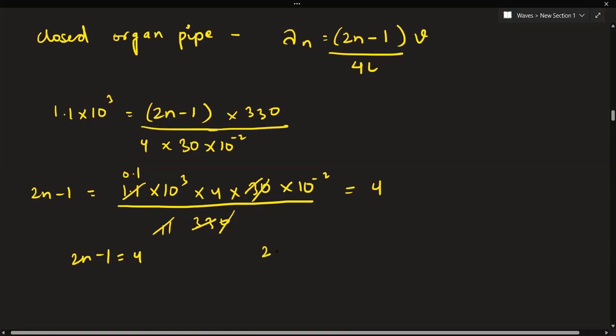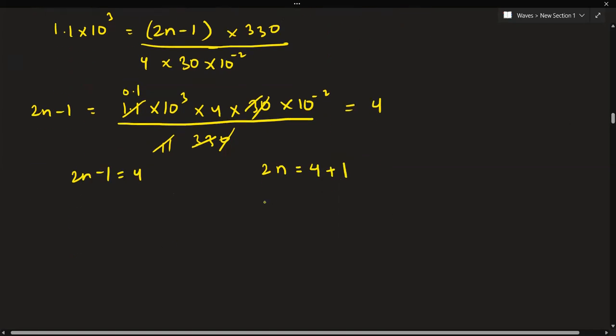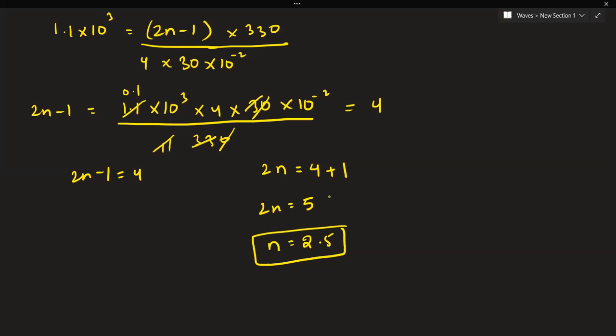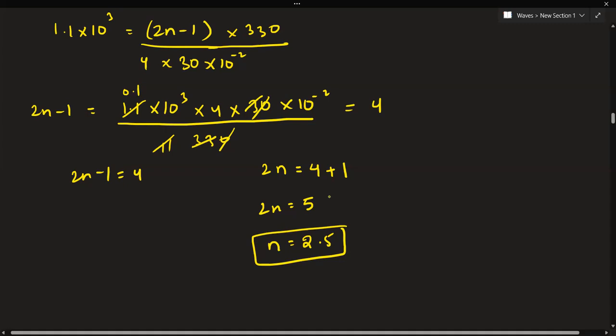So 2n is equal to 4 plus 1, so 2n will be equal to 5 and n will be equal to 2.5. Are we getting an integer here? No. For resonance, both should match. So this closed organ pipe will not be giving a frequency of 1.1 kilohertz.